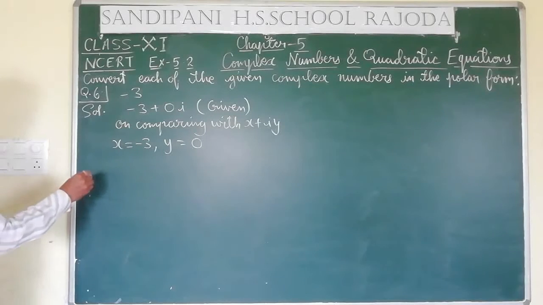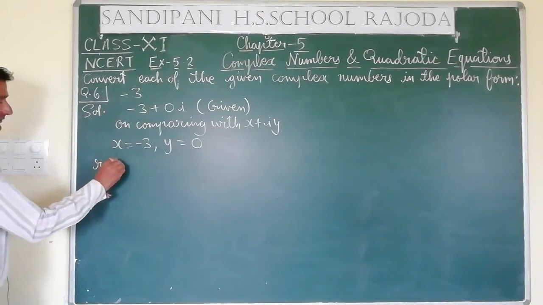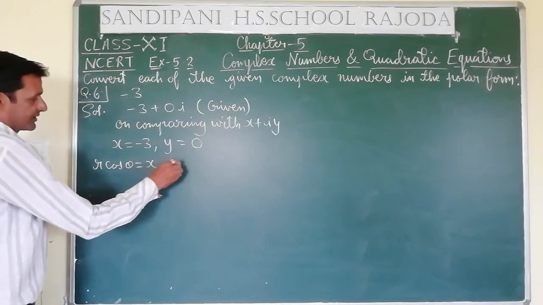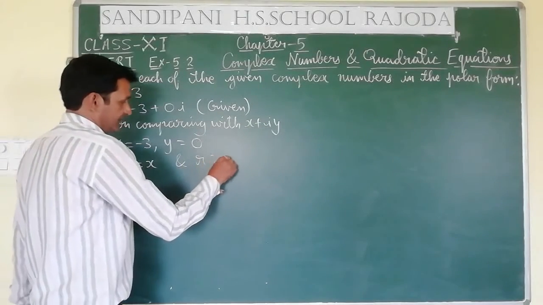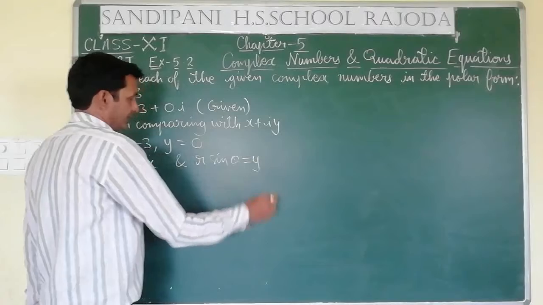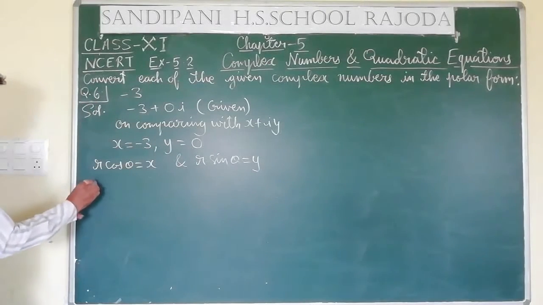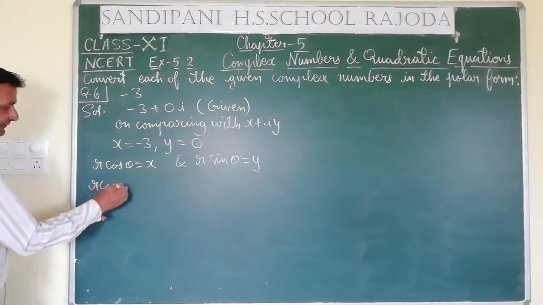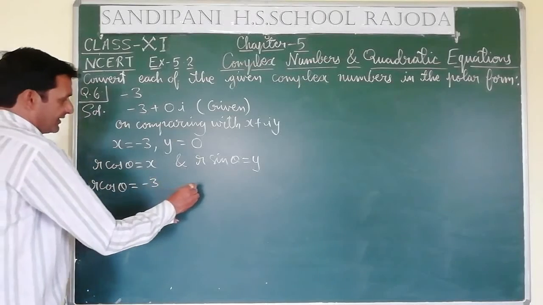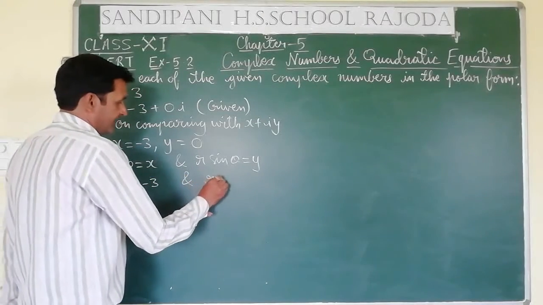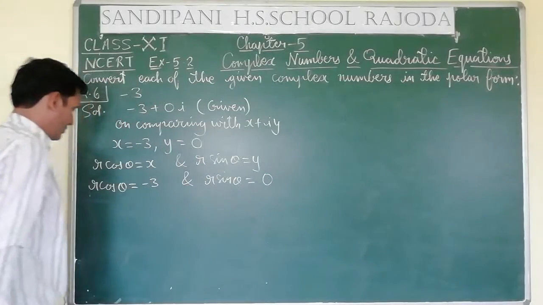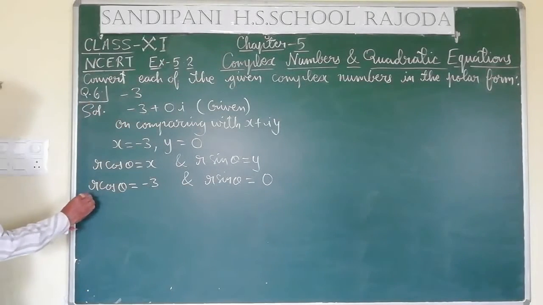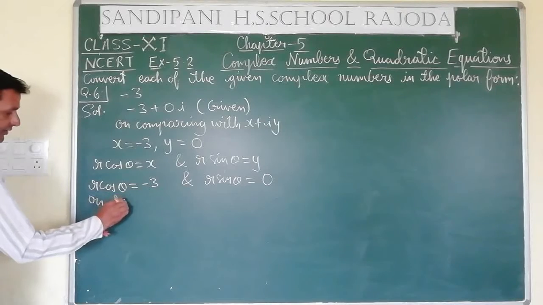Now r cos theta is equal to x and r sin theta is equal to y. So we may write r cos theta is equal to -3 and r sin theta is equal to 0.